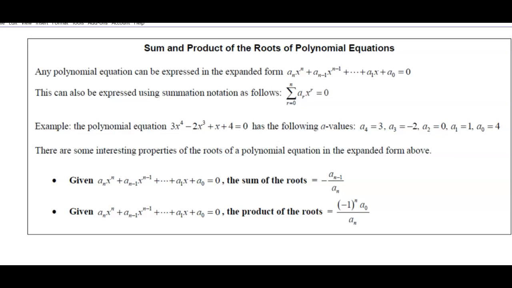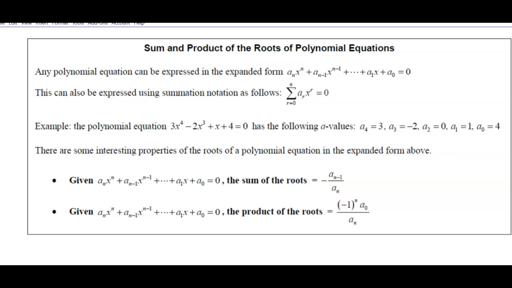So there are some interesting properties of the roots of polynomial equations in expanded form. If you take the roots and add them all together, find the sum of all of them, you will find that that value is equal to the negative of a sub n minus 1, the coefficient of the second highest degree term, divided by the leading coefficient.